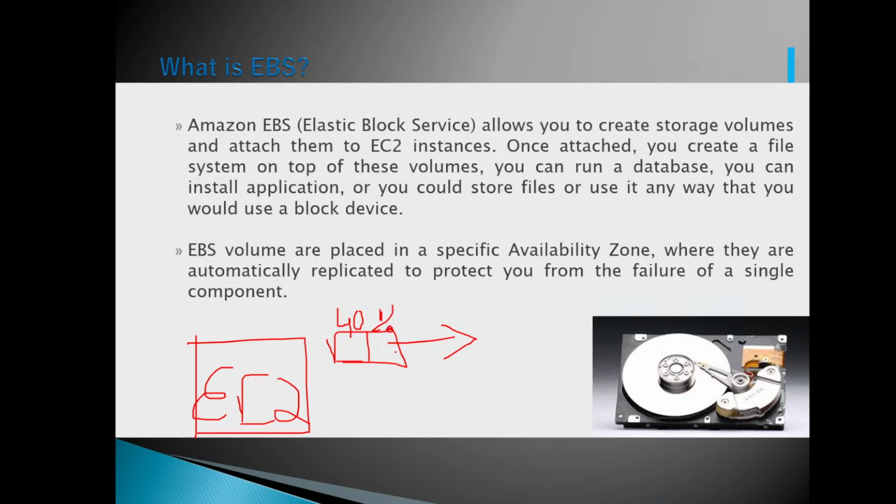In my backup, is this 40% useful for me? Tell me. The user data is stored here in the remaining 60. So is the 40% space used by the OS or your application useful for me?